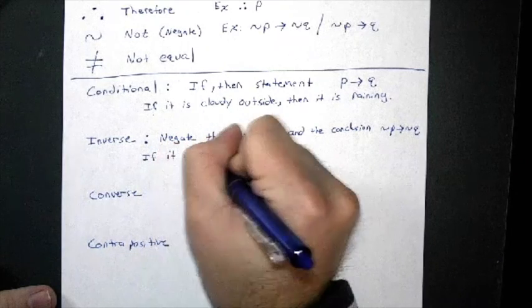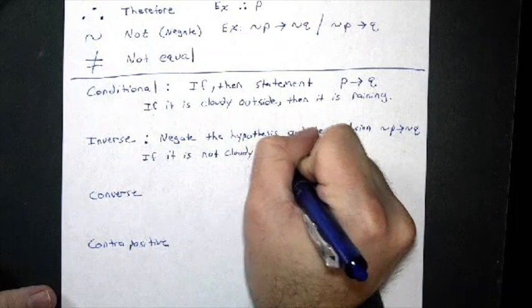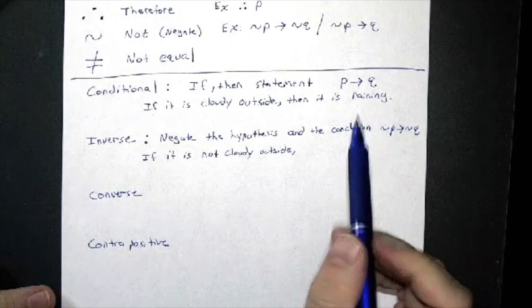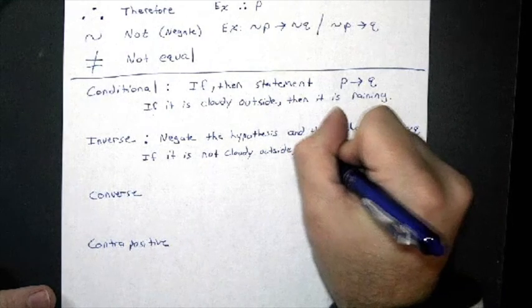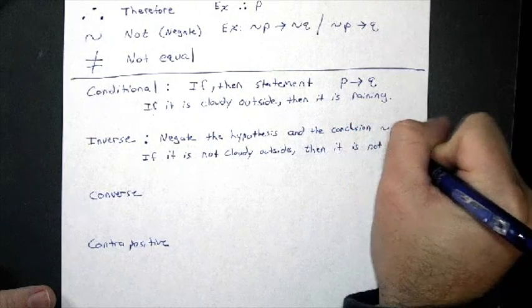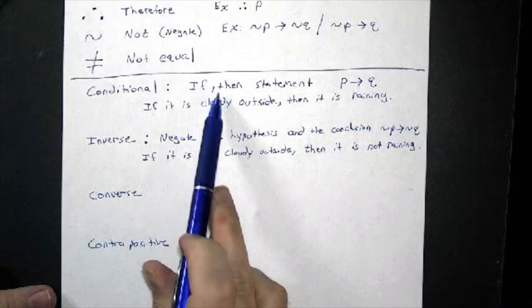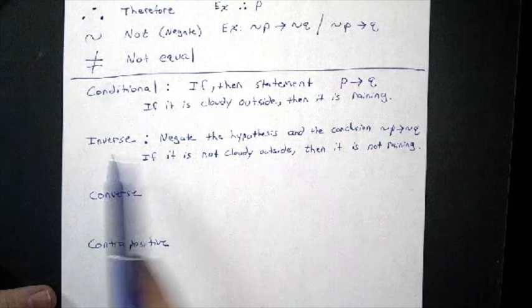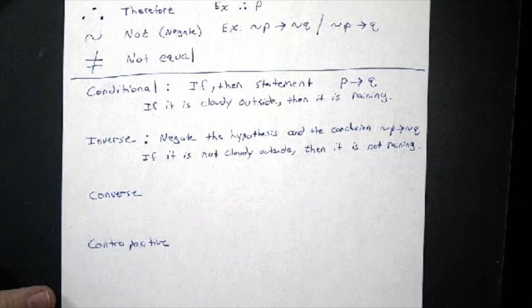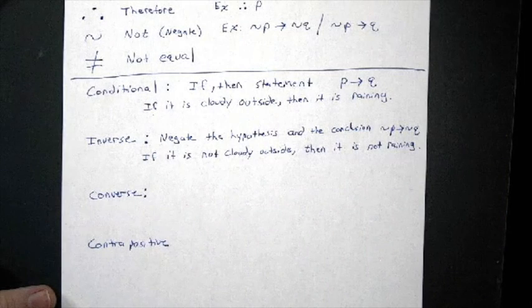The inverse would be if it is not cloudy outside. That is, we have just negated the hypothesis. Now we need to negate the conclusion. Conclusion is going to be then it is not raining. Now remember, if the word not is already in the original statement, to negate it, we would just take the word not out. To negate something means we're going to make it the opposite of what it currently is.